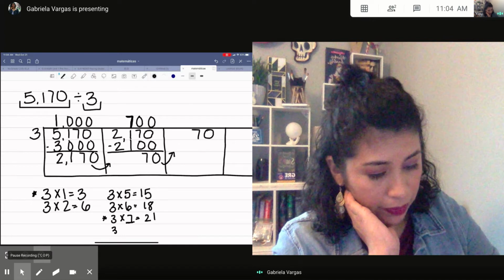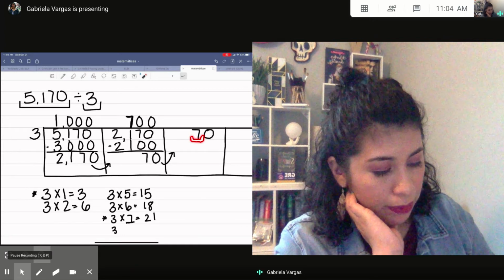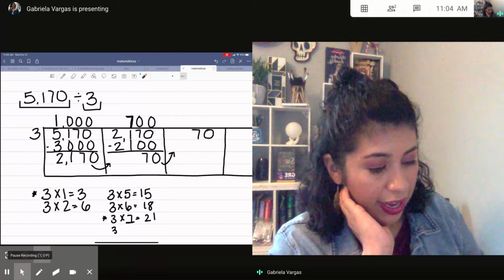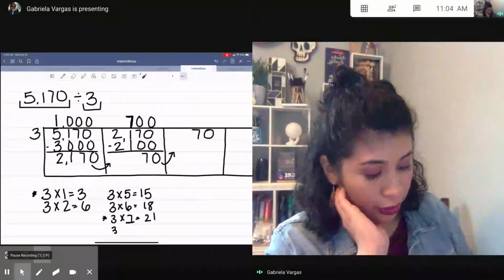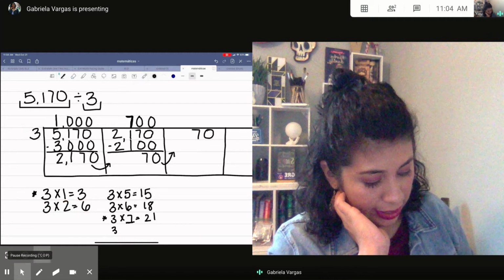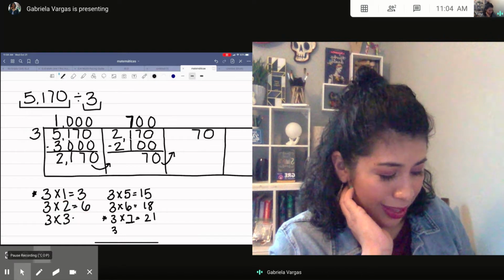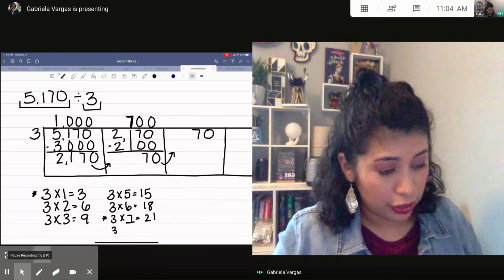Now here, I'm going to just look at 7 because that's greater than the divisor. So I know that 3 times 2 is 6. If I were to do 3 times 3, that would be 9. It passes that 7. It's greater than that 7.